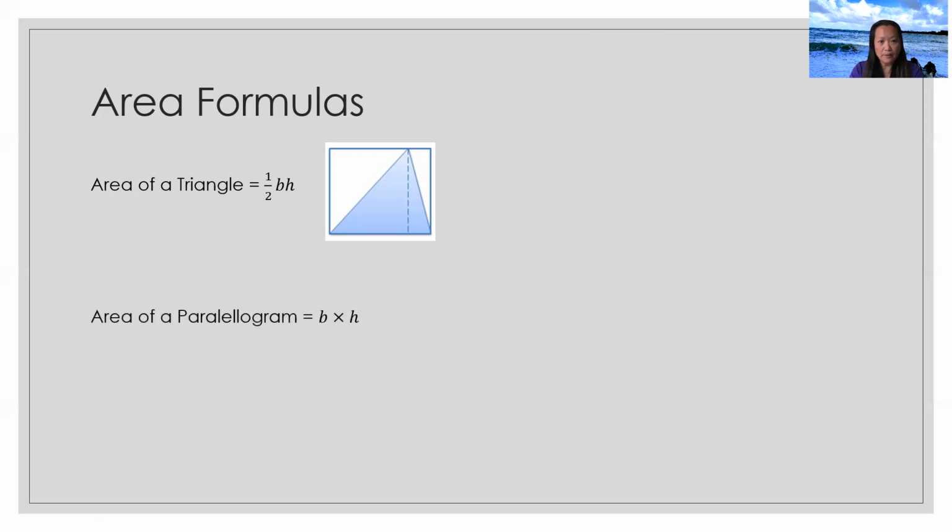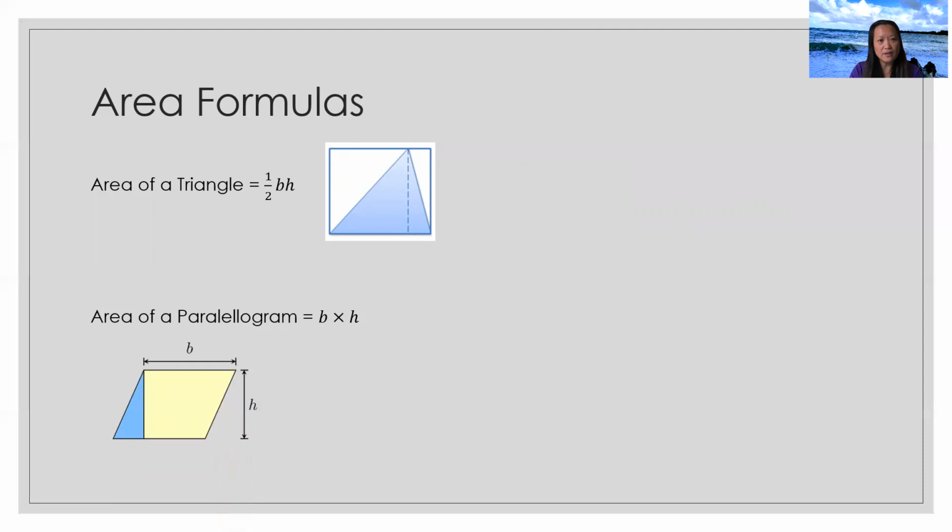A parallelogram, the area is also base times height. Wait, how is that possible? Isn't a parallelogram slanted? Well, let's take a look.